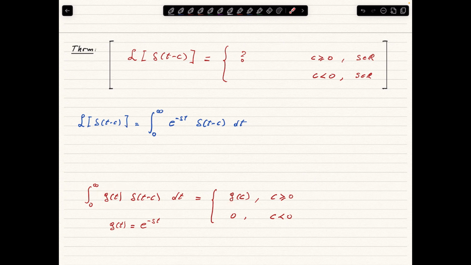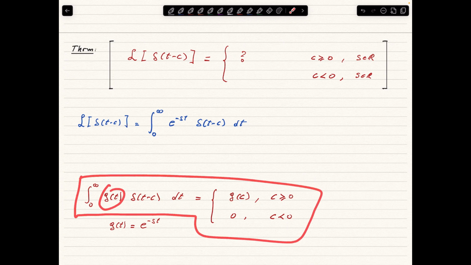Of course, if the singularity is outside the integration region, we are integrating the function g times 0, because Dirac delta is 0 in that case, so of course we are going to get 0. So the previous theorem says this.